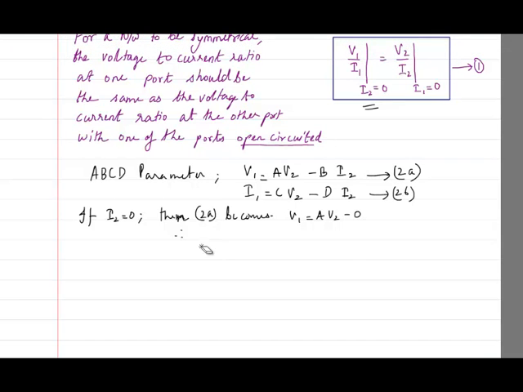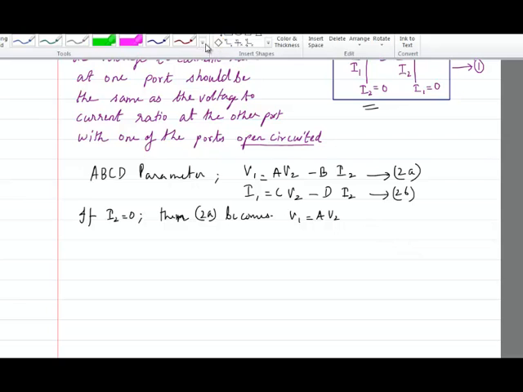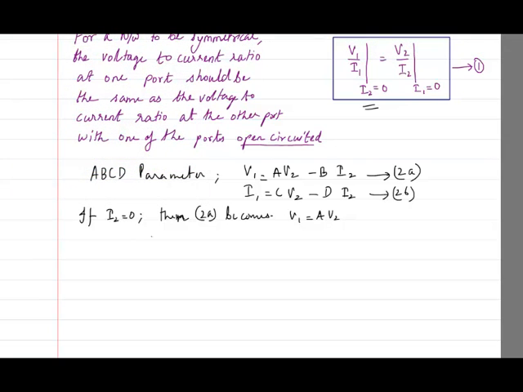I have to take the ratio of V1 and I1, so V1 is equal to AV2, and similarly 2B becomes I1 is equal to CV2, correct?